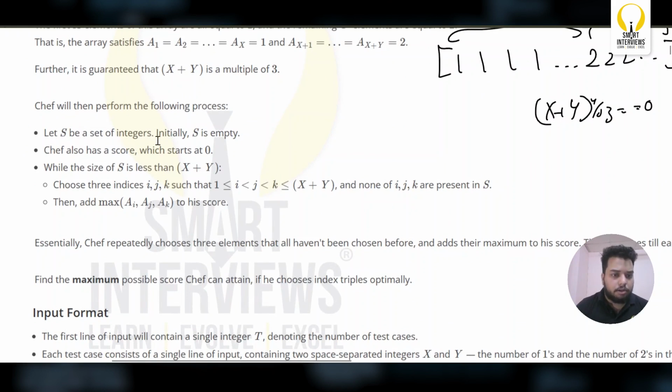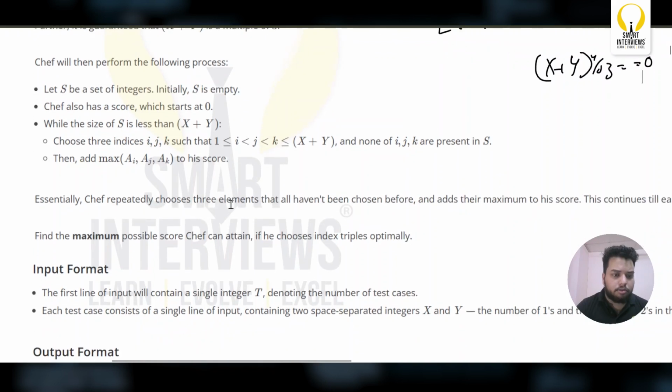Let S be a set of integers. Initially S is empty. Chef also has a score which starts at 0. While the size of S is less than x plus y, choose 3 integers i, j, k such that they follow this condition and none of them is present in S already. Then add the max of all these to his score.